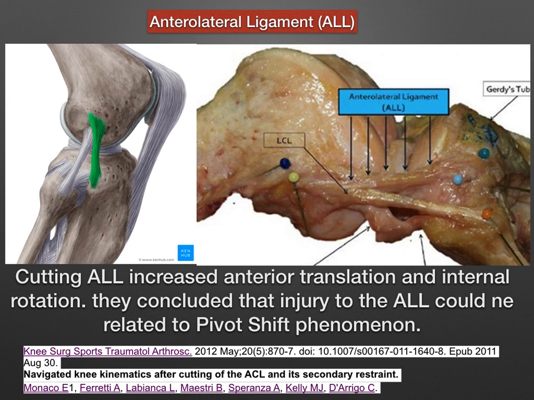More interest was raised after the concept of anterolateral ligament. So in 2012, when Monaco described the value of anterolateral ligament, they concluded that cutting anterolateral ligament increased anterior translation and internal rotation, and they said that the injury to ALL could be related to the positive pivot shift phenomenon.